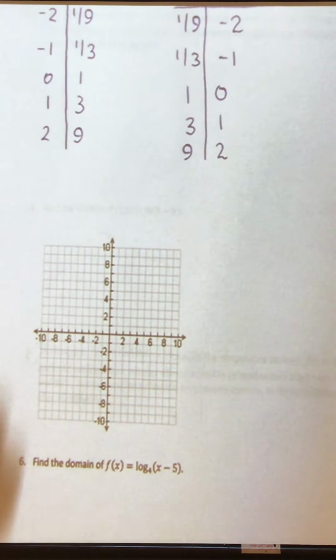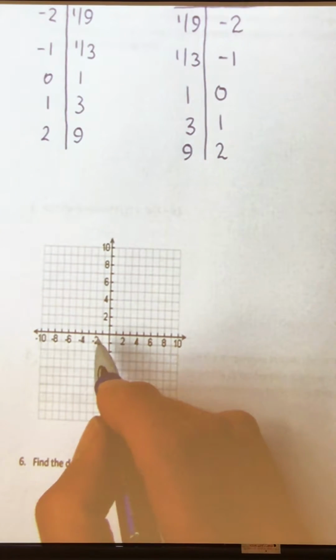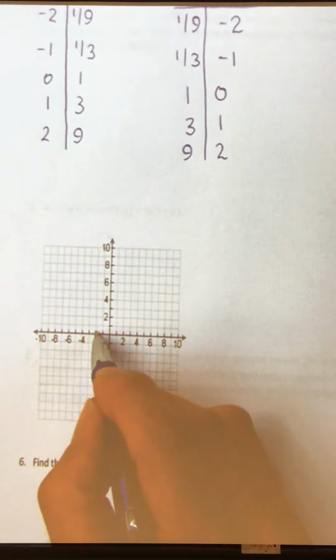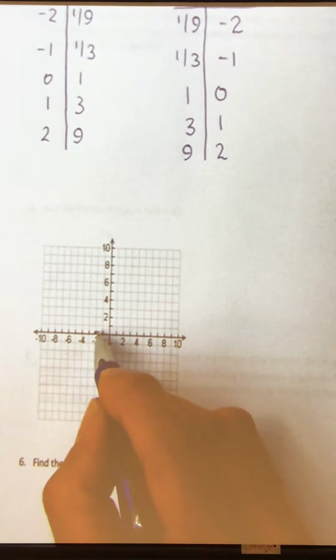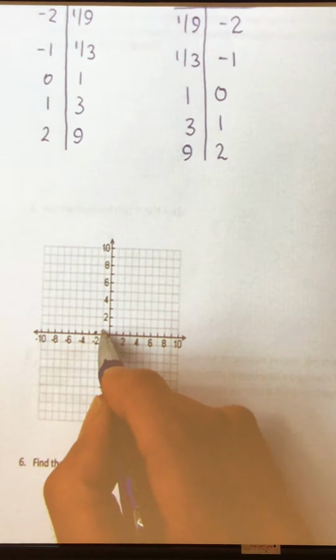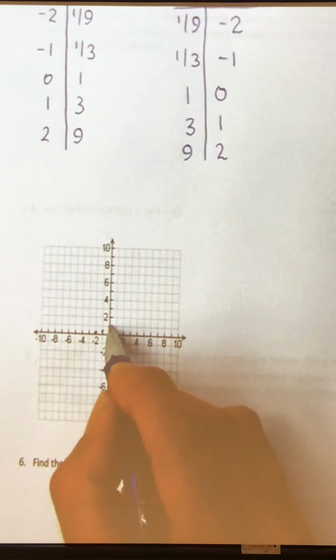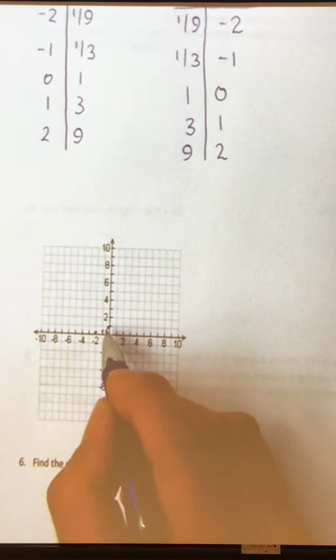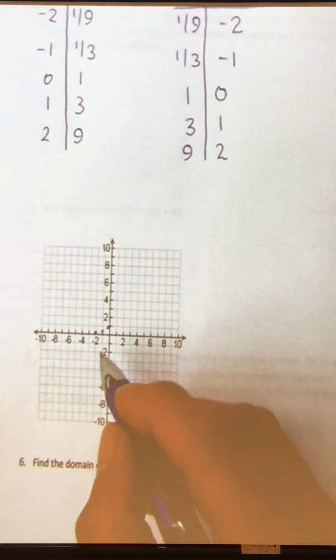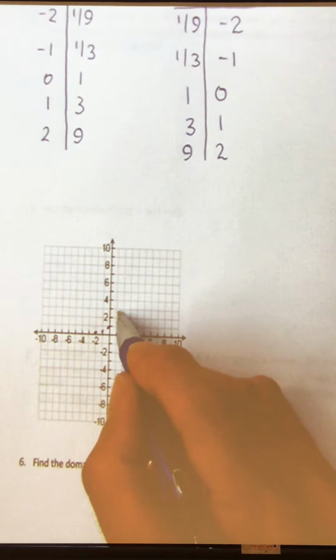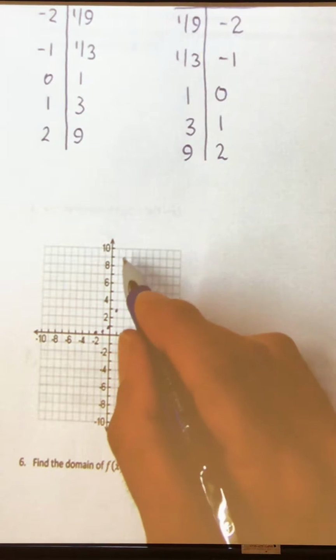So for f of x, negative 2 gives us 1/9. Negative 1 gives us 1/3. 0 gives us 1. 1 gives us 3. And 2 gives us 9.